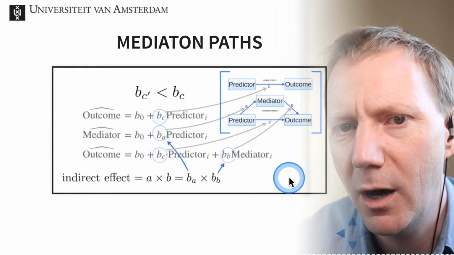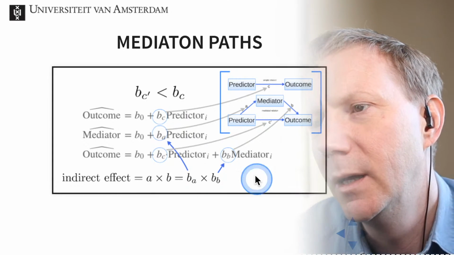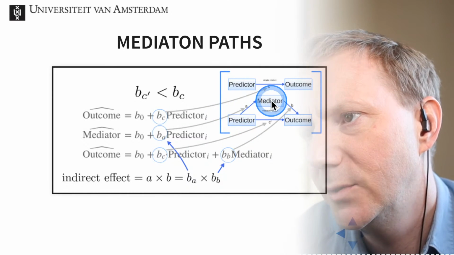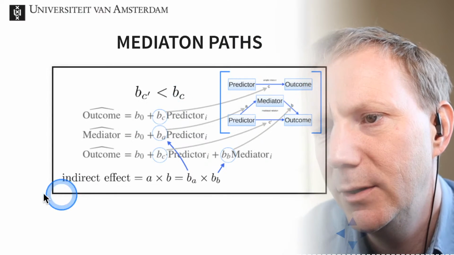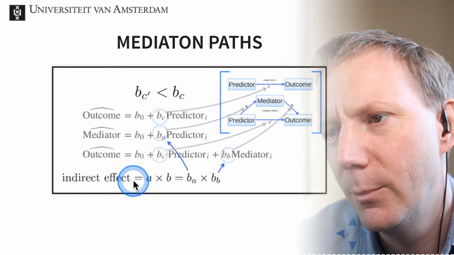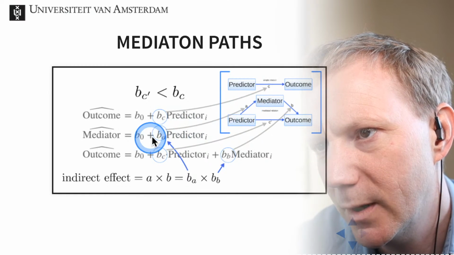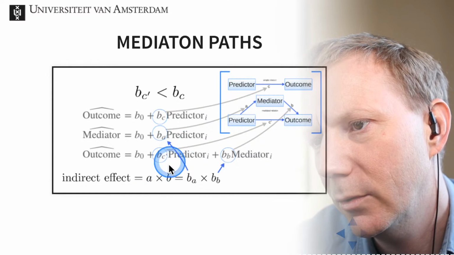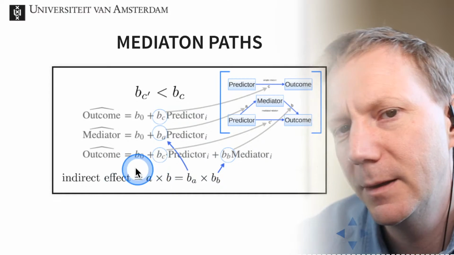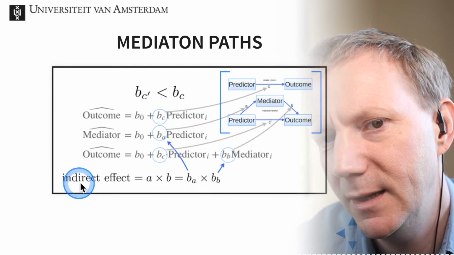In terms of describing a path, if you go from the predictor to the mediator to the outcome, you can define the indirect effect by multiplying the beta coefficient of A, this one, by the beta coefficient of B, this one. So by determining this path, we get the indirect effect.